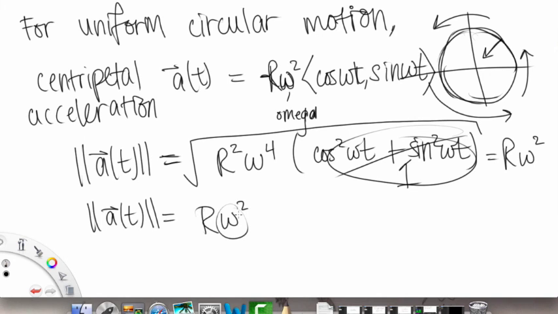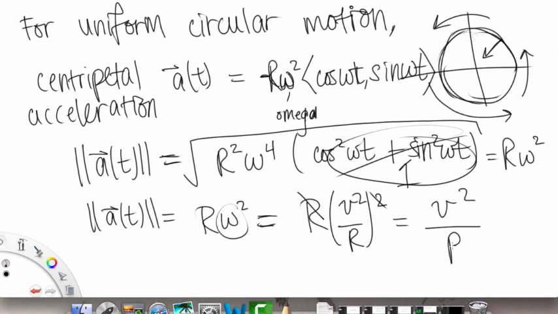We don't need to go into details about that. I'm just showing you the derivation of how we get to a certain formula. You can replace angular velocity with v over r, squared. One of these r's cancels with the r down here, so what we get is v squared over r, where v stands for speed.